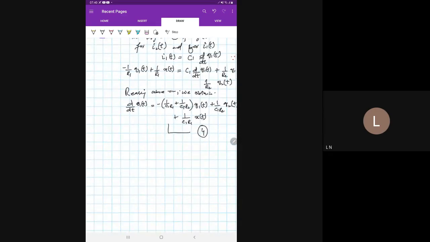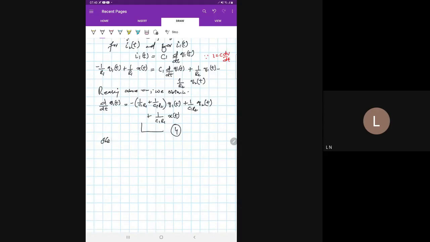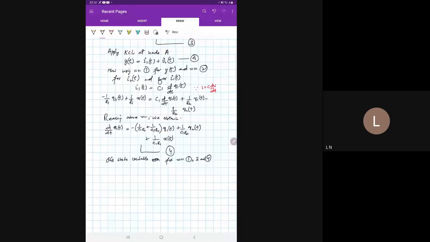Now the state variable description for equations 1, 3 and 4 can be written as follows.